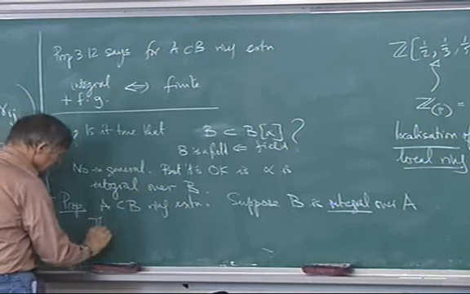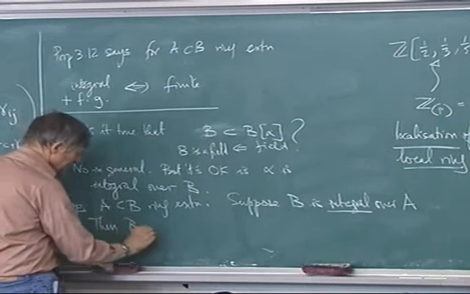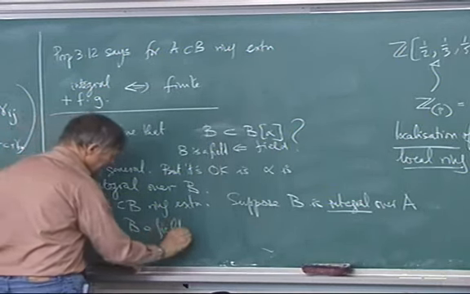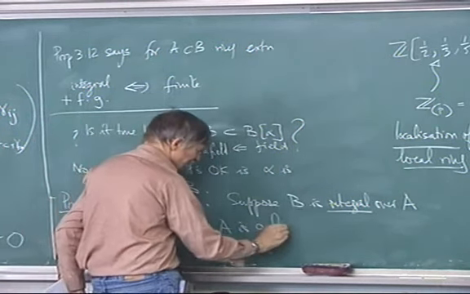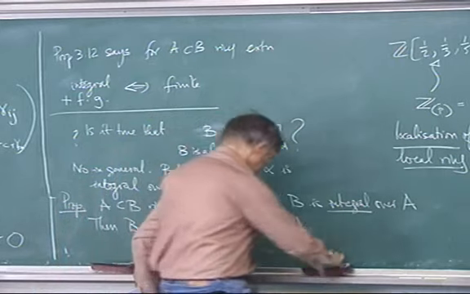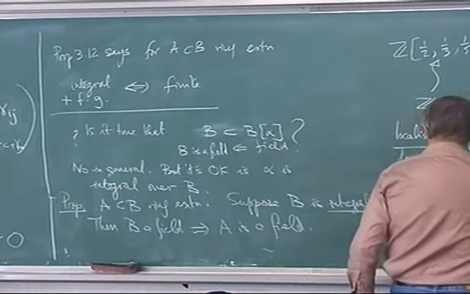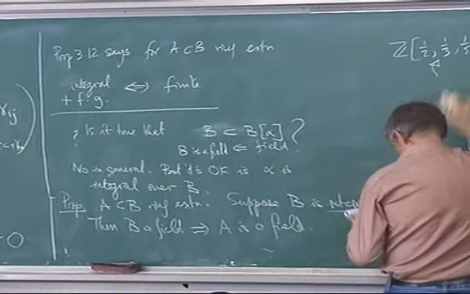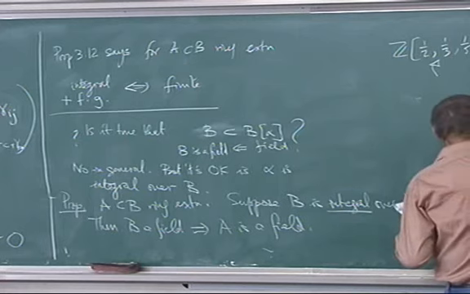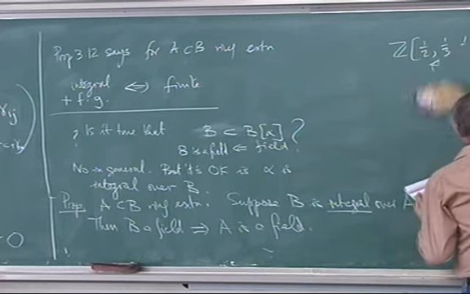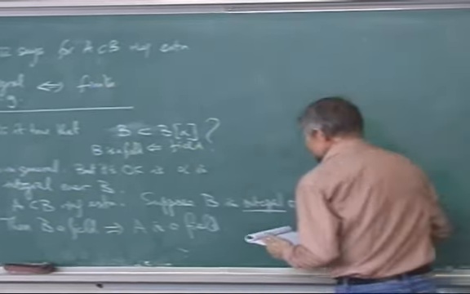Then B a field implies A is a field. The arguments up to now have involved some non-trivial things. This thing is completely trivial.